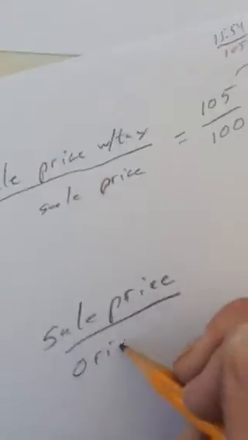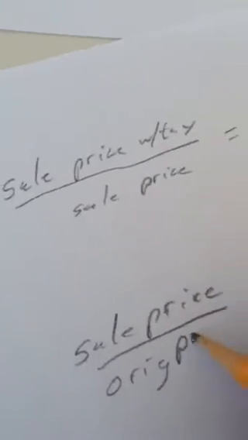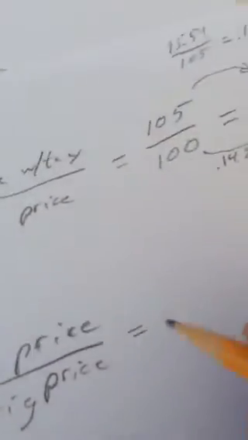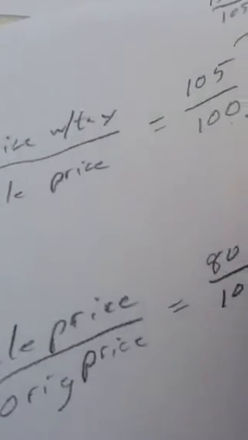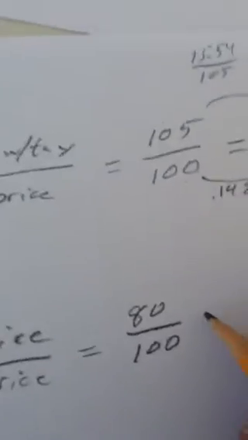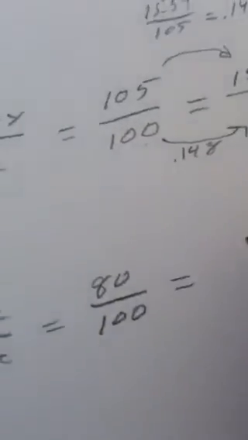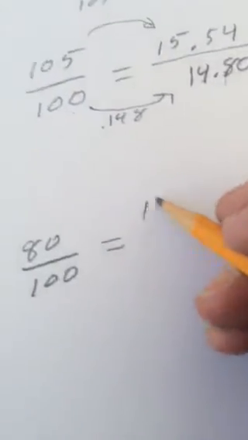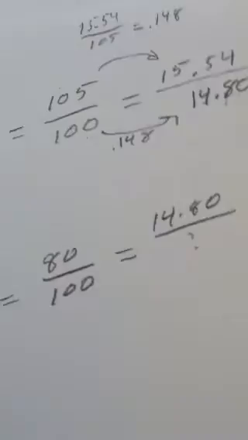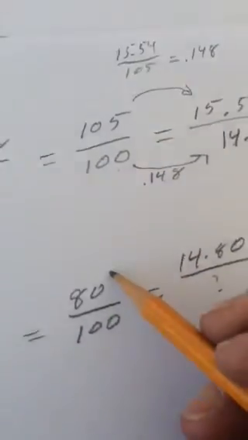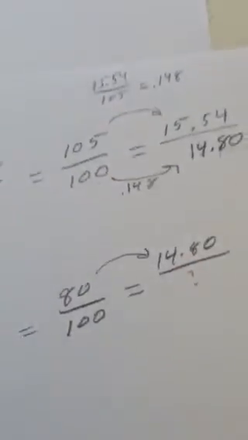Okay, so now I can say the sale price compared to the original price, or relative to the original price, was, that's my 80%, right? So it's 80 relative to 100. And I just found out that my sale price was $14.80. So I'm looking for the original. Well, how do I do it? I have to find out what I had to multiply by.